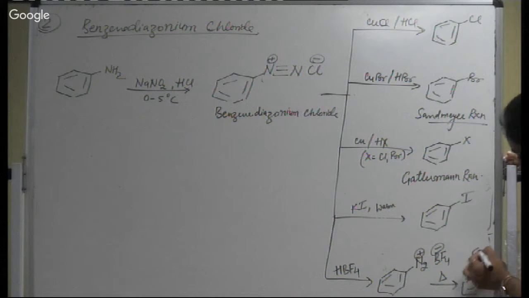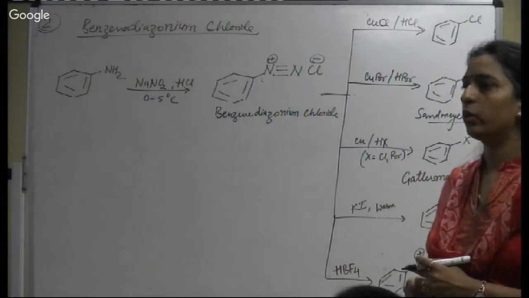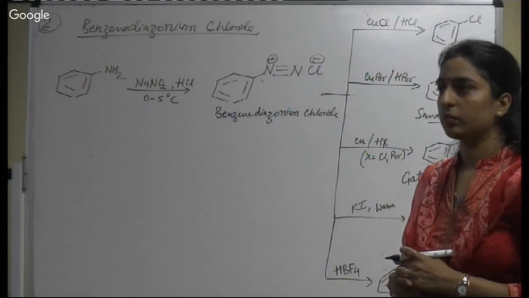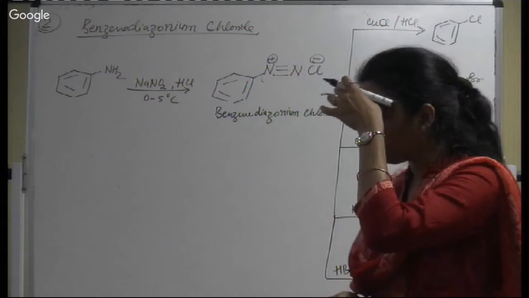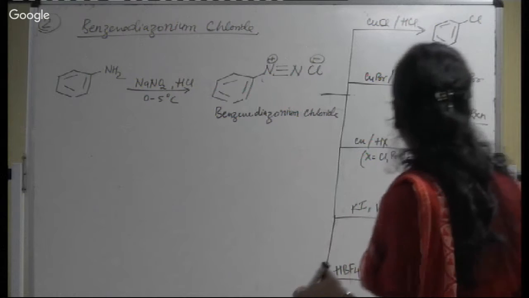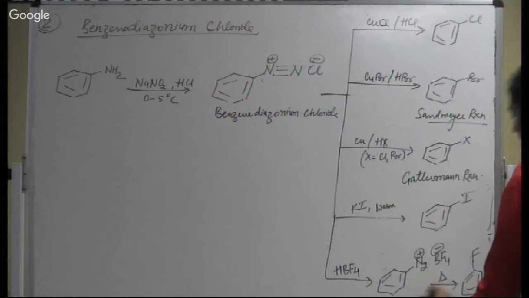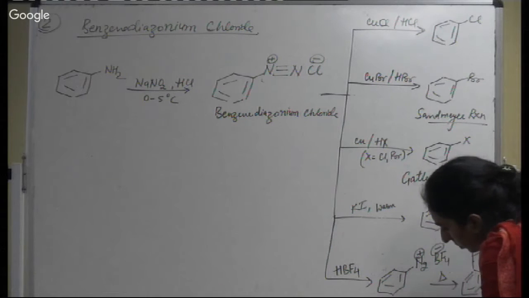So for preparing fluoro and iodo compounds, you will have to use this method only. You cannot use any other method. Am I clear? Please note it down. I should have told you the name. This reaction is called Balz-Schiemann reaction.